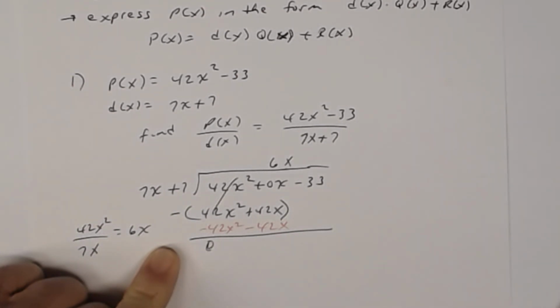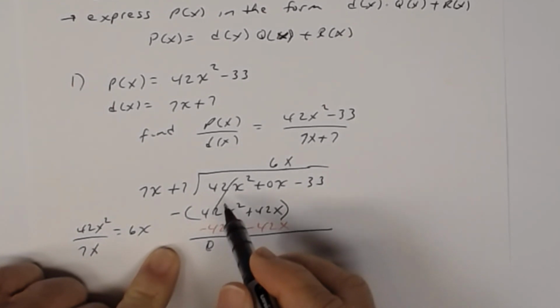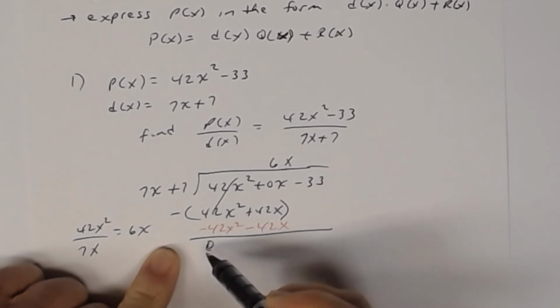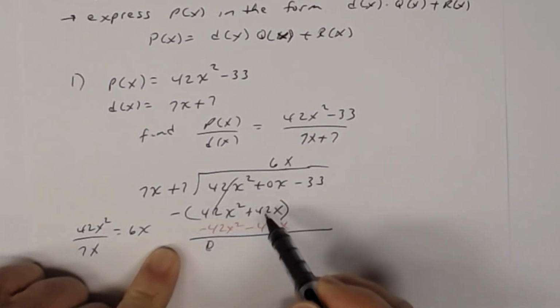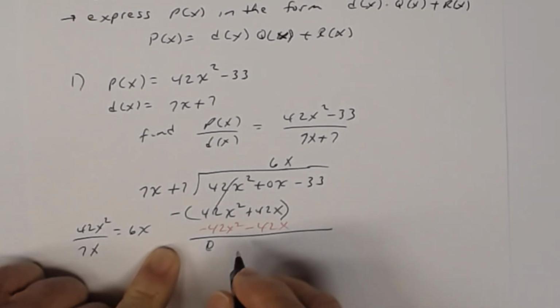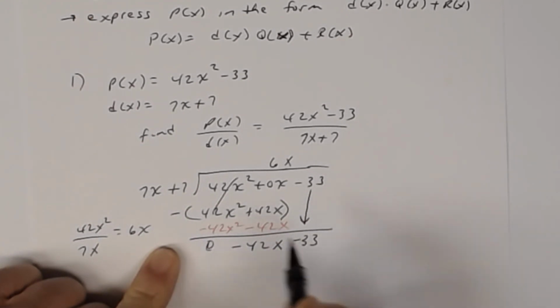And so now we have 42x squared subtract 42x squared means the same thing as 42x squared and a negative 42x squared, which is 0. 0x subtract 42x means the same thing as 0x and a negative 42x, which is a negative 42x. And now we bring down the next term. And then we do the division all over again.